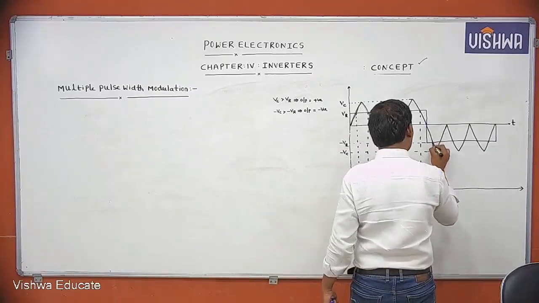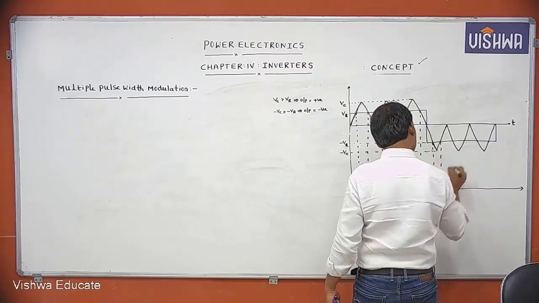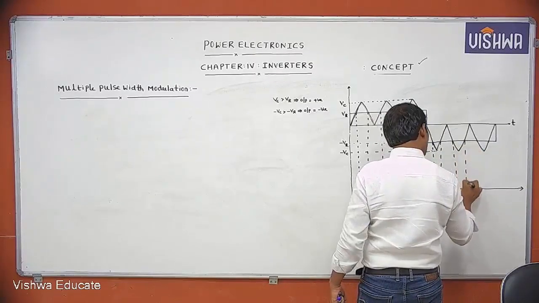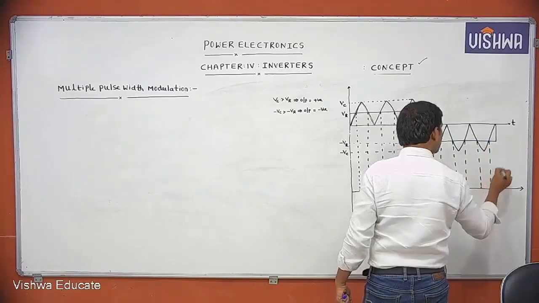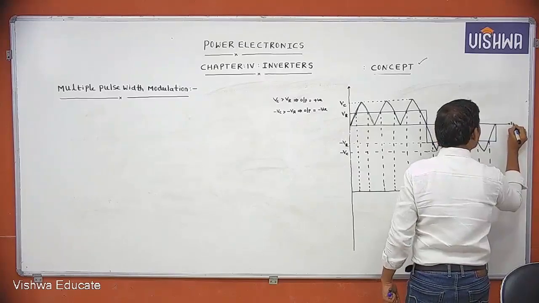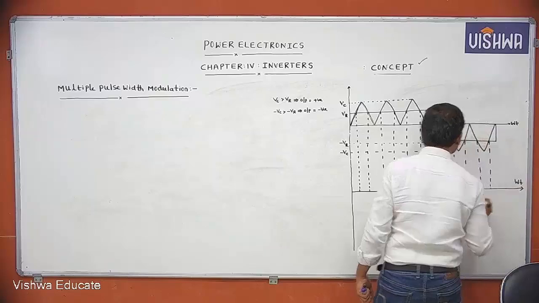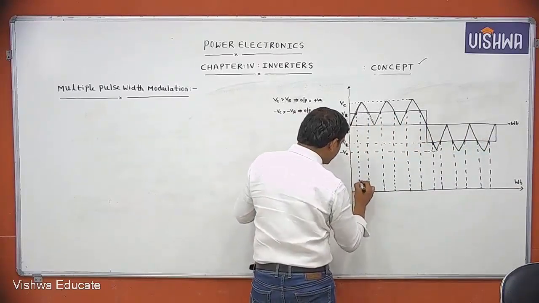Here also a pulse is generated, and here also. Minus Vc greater than minus Vr, we are getting negative. If you take the omega t axis, then here the pulse is generated.